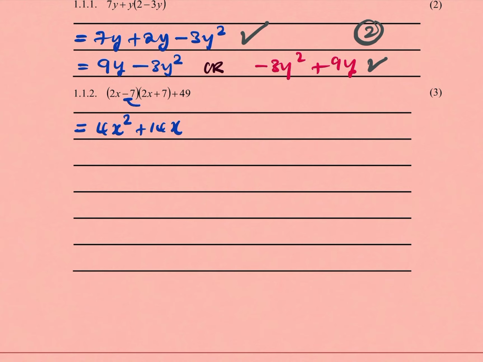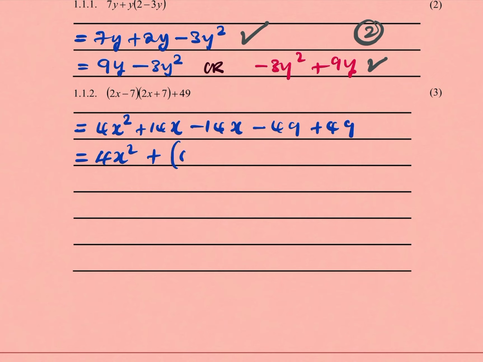Now, the second term multiplies each term in the second bracket, which is negative 7 times 2x. You get a negative 14x, okay? And then you have minus 7 times 7. That is going to give you minus 49. You still have a plus 49 here. Now you can group the like terms. 4x squared is still alone.